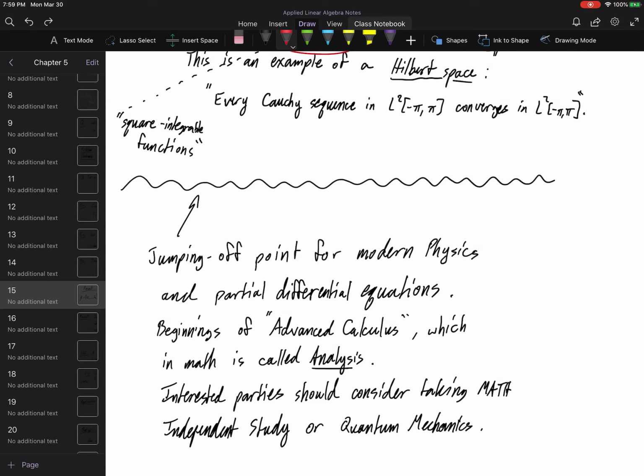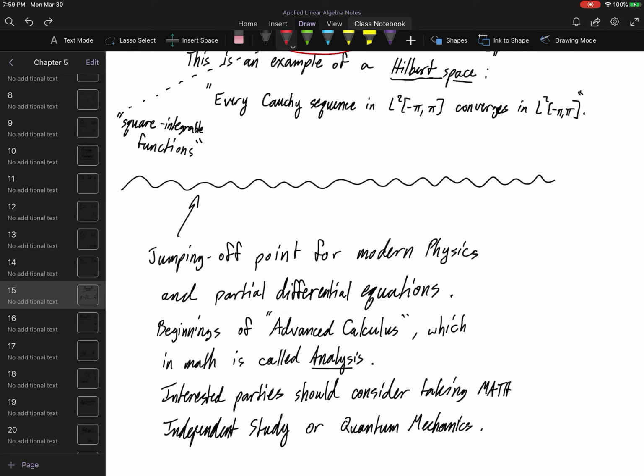Anybody interested should consider taking modern physics if they're not already doing so. You should take a class in partial differential equations because you will see Fourier series there, I guarantee you. Or you can take a class in real analysis to go further into advanced calculus.